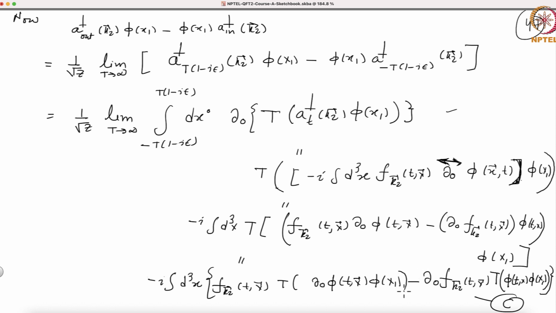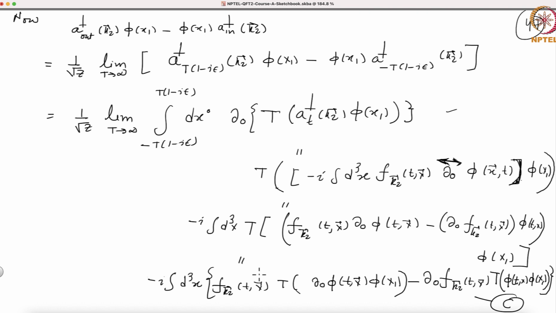So this bracket is missing, so these two operators are time ordered, minus del naught f k2 x, and then time ordered product of this, and here is the curly bracket closing. Okay, so this is fine.